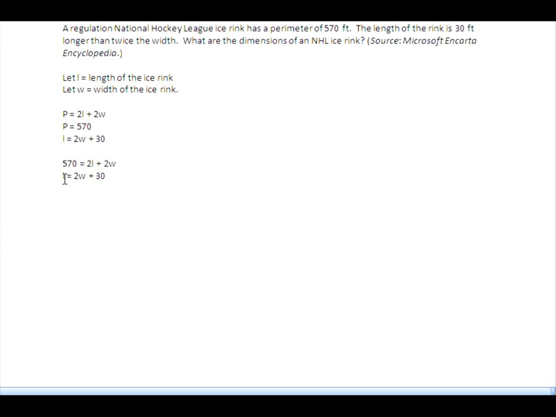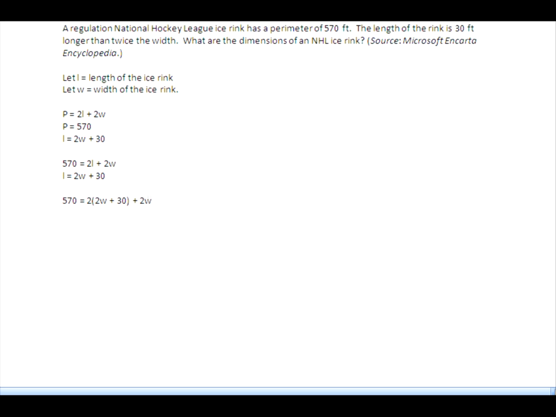Now, since we know what L is, it's already solved in the second equation. For L, we can replace L in the first equation. And so we go from having two equations with two variables we don't know, down to having one equation with one variable that we don't know. So I replace the L in the first equation here with 2W plus 30.